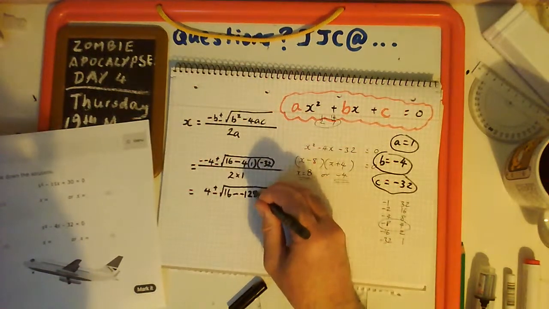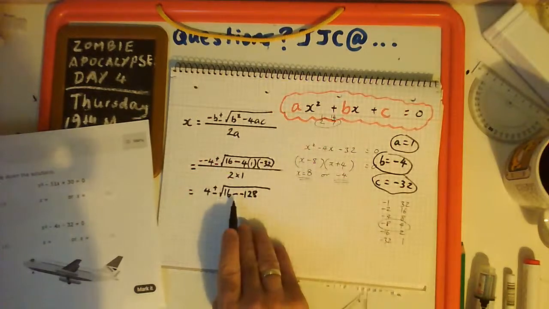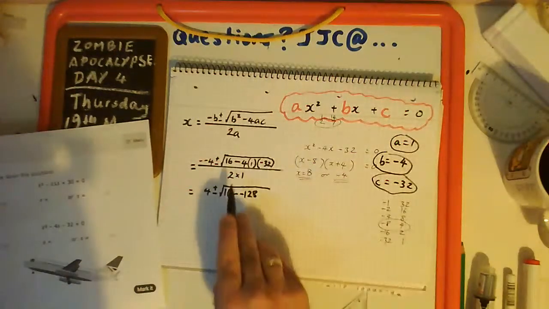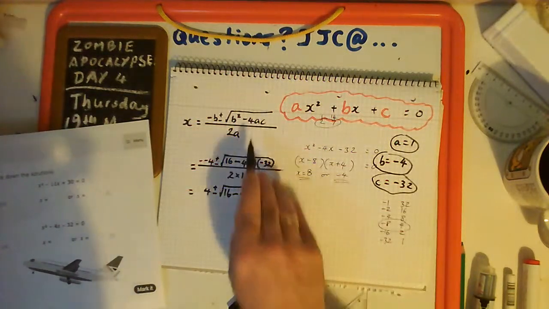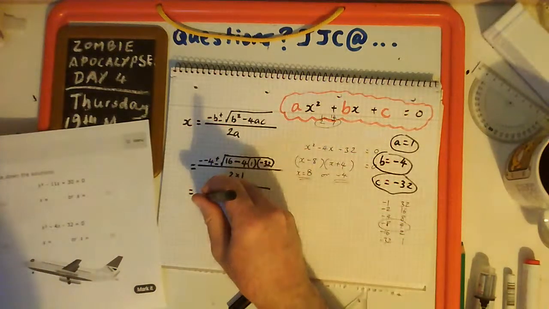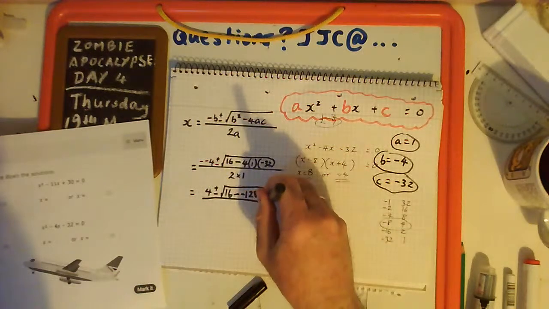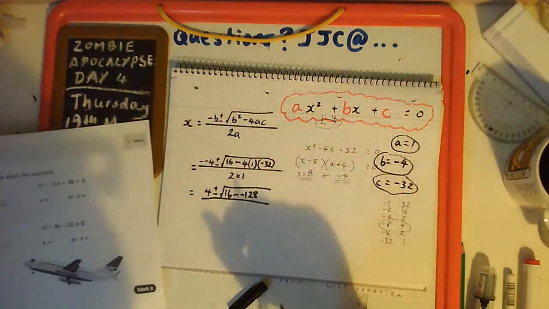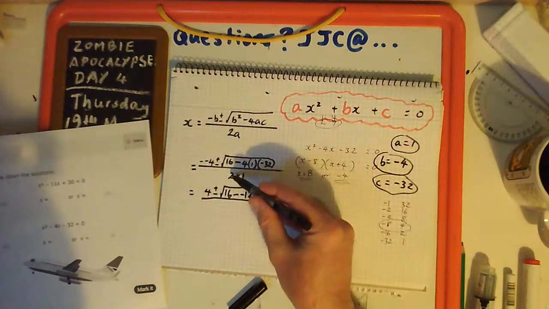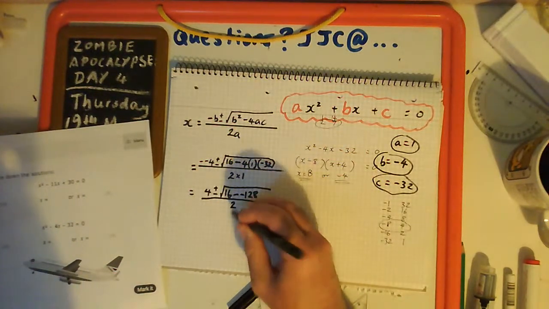So I've got minus minus 128 because there was a minus minus already in the formula, and then a minus in the 4ac bit. So you can see why people, experienced mathematicians of all ages, trip up on minus numbers. And that's all divided by 2 times 1, which is 2.